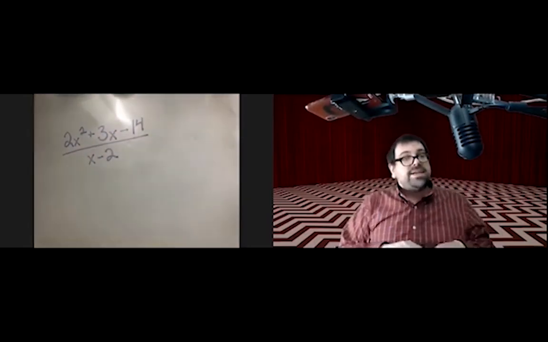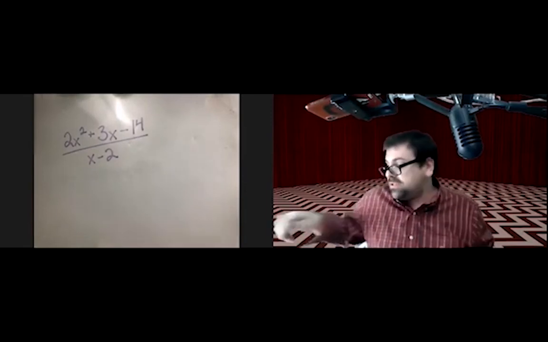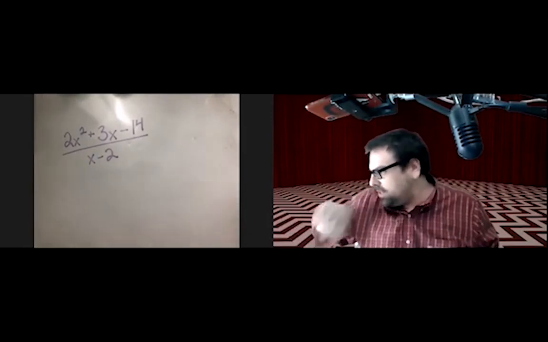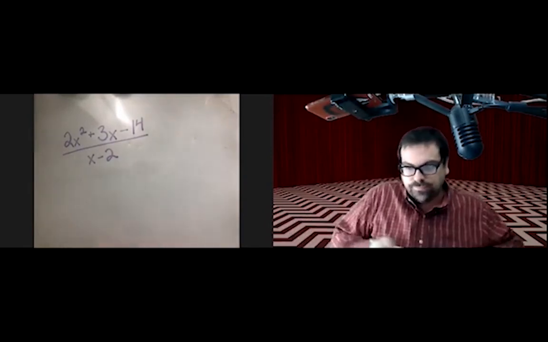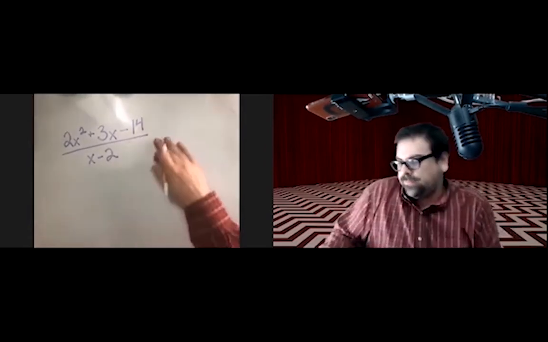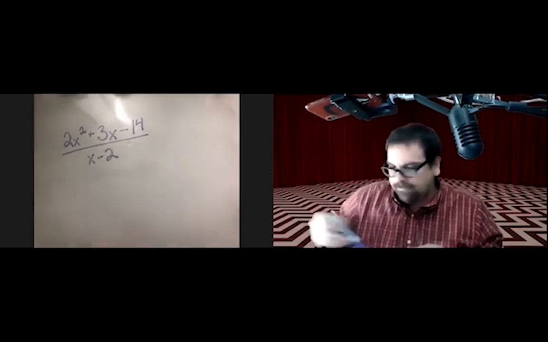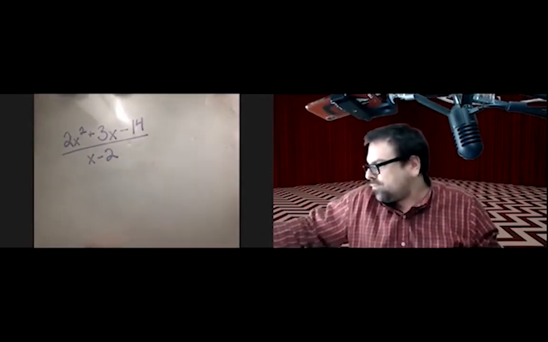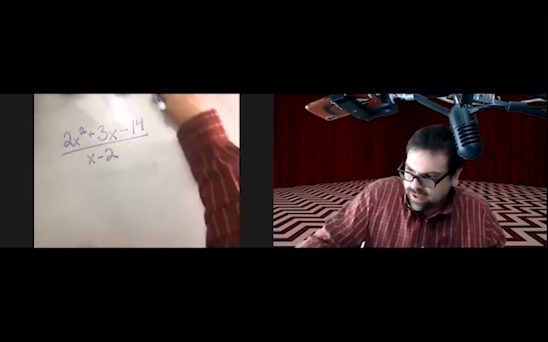Since we're dividing by x minus 2, we can't do the split up method. We have to do long division.